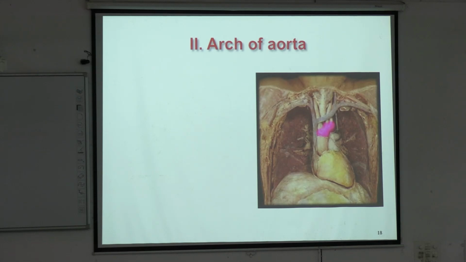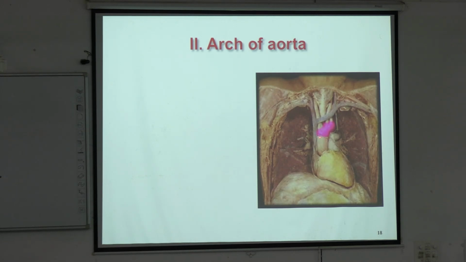Now, the beginning of the arch of aorta and the end of the arch of aorta are at the same level, from the second costal cartilage on the right side to the second costal cartilage on the left side, and the direction is anterior to posterior. So, it begins at the second costal cartilage here and then arches back and ends, before it drops down and becomes the descending thoracic aorta.